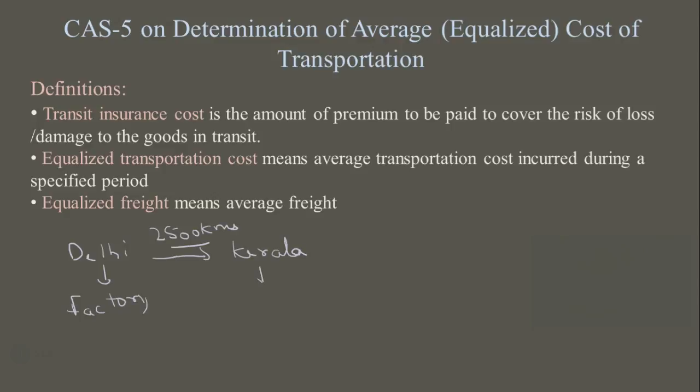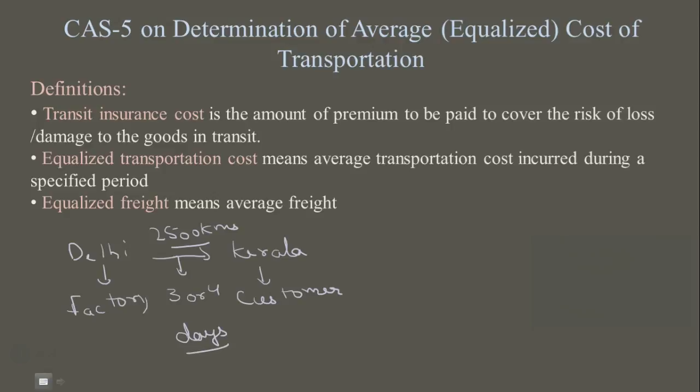Okay guys, here the customer is in Kerala. So a lot of distance, 2500 kilometers is the biggest distance, and it will take around 3 or 4 days to cover the distance.